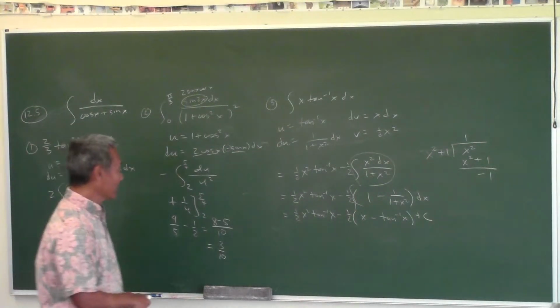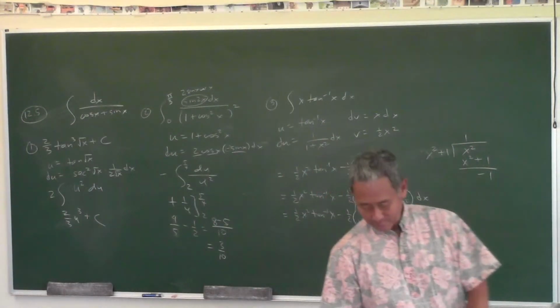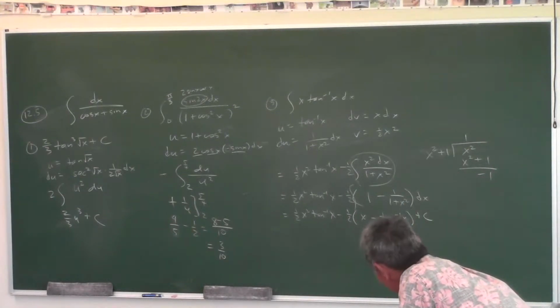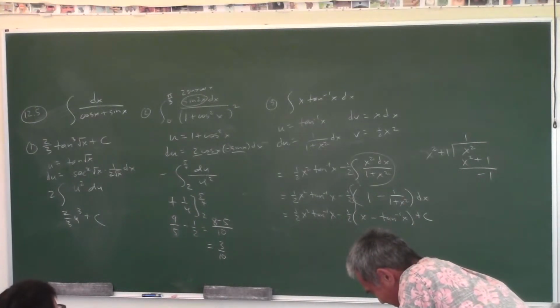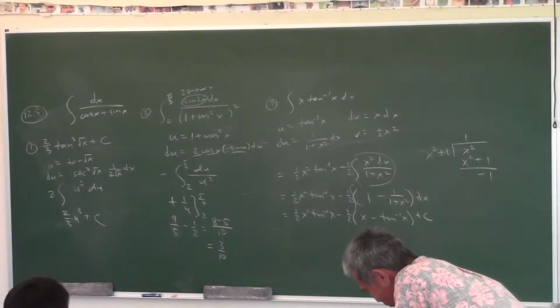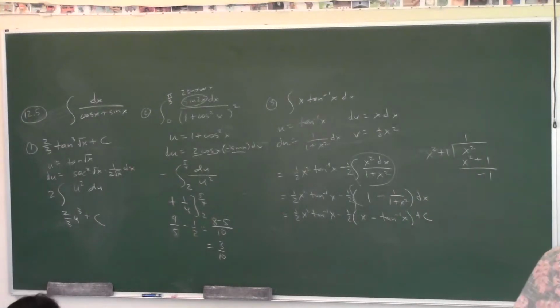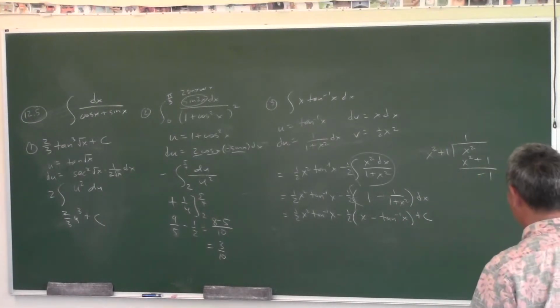I just did the whole darn thing. 1/2 x squared tan inverse x minus 1/2 x plus 1/2 tan inverse x plus c. So can we agree on that one now? Yeah, no, I did the whole thing.